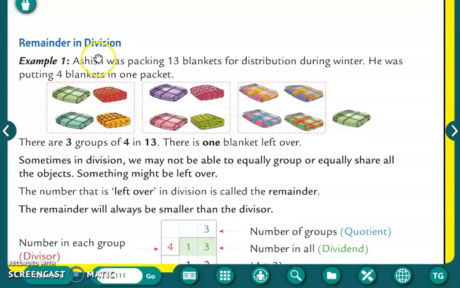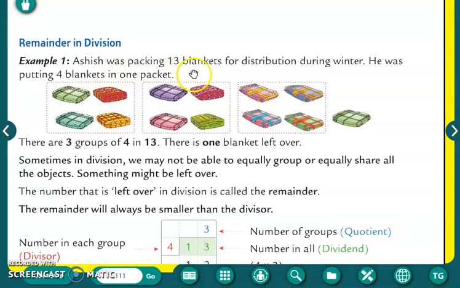Now remainder in division. See, here in previous page we had seen, if we are doing the division, the number that comes in the last, that is 0. After subtraction we got the answer 0. But here some remainder will be there, मतलब कुछ तो नंबर उसमें बच्चे होंगे कि जो डिवीजन हम कंप्लीट नहीं कर सकते.